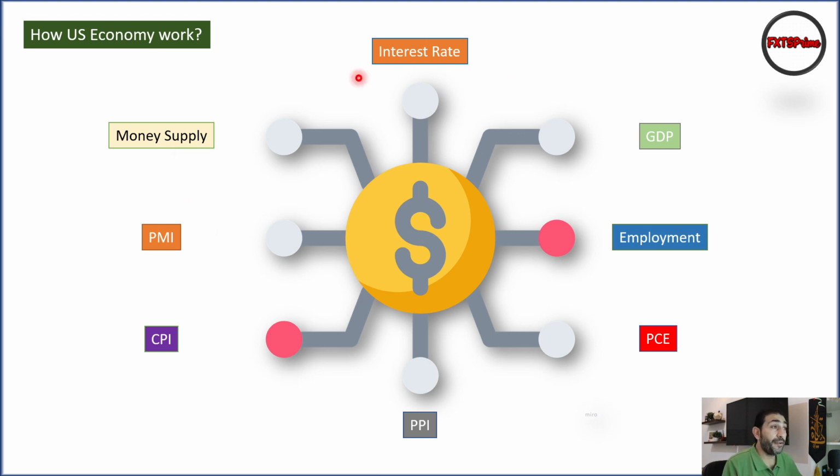So here there are two tools and almost six indicators. The indicators are the GDP, the employment, the PCE, the PPI, CPI, and PMI. The tools that the Federal Reserve Bank uses are the money supply and the interest rate.